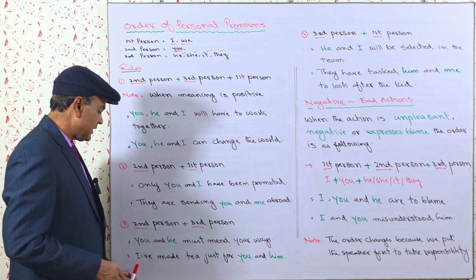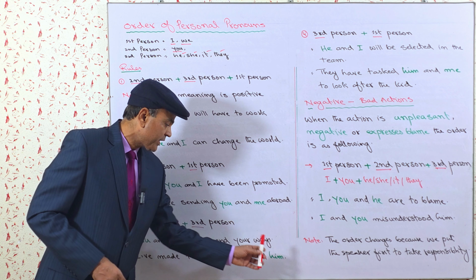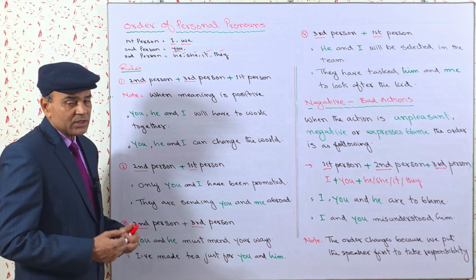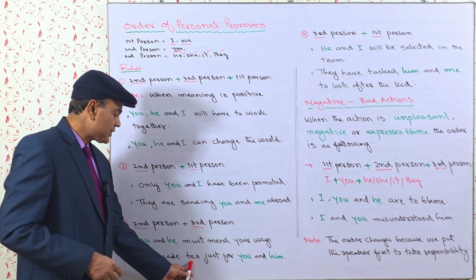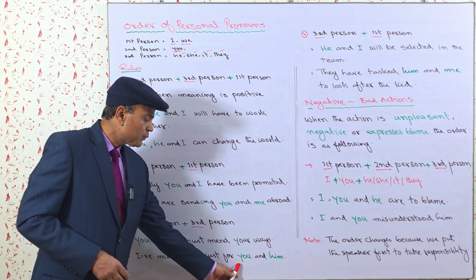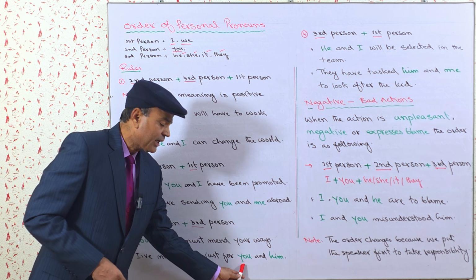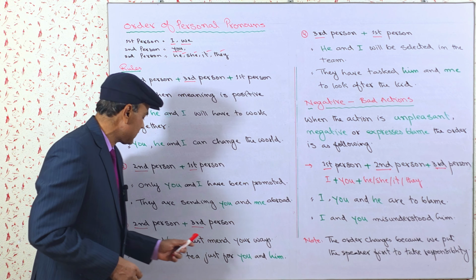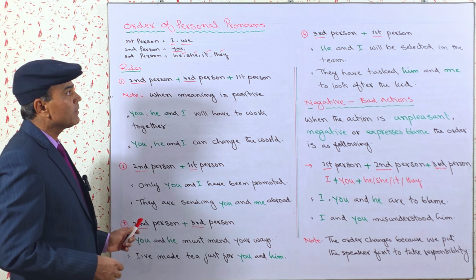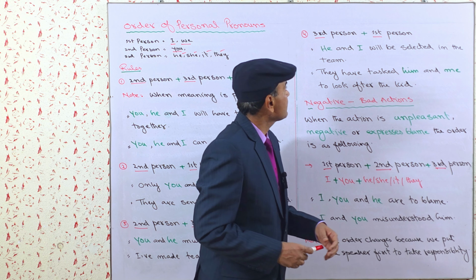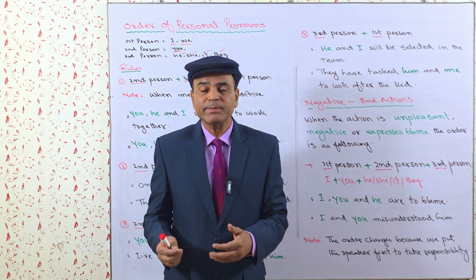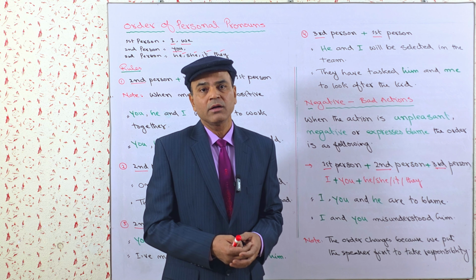But in the second sentence, we are using them as objective cases, but still the order will be the same. I have made tea just for you and him, second person and third person. That was rule number 3.